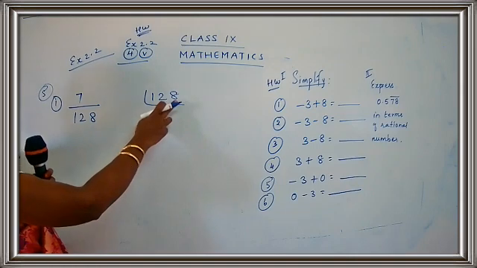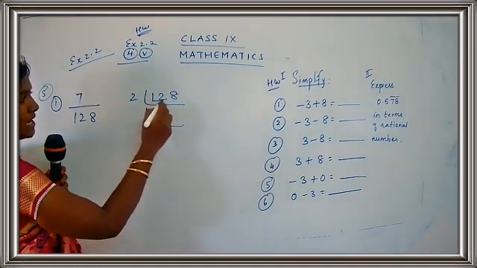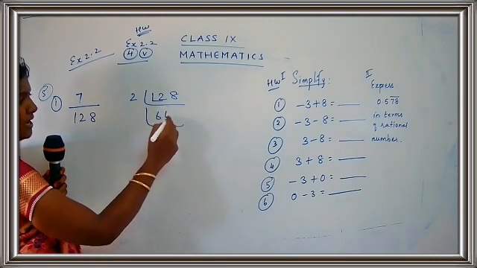We know the number is 8 here, so it goes to the table of 2. 2 6s are 12, 2 4s are 8.